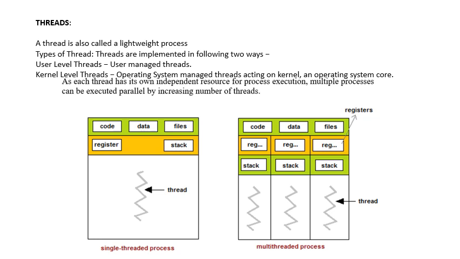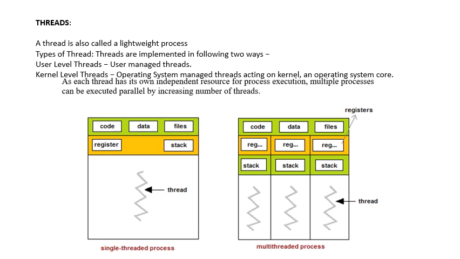User level threads are managed by the user, and kernel level threads are supported and managed directly by the operating system. So first process, then kernel level threads, and then user level threads. The hierarchy will be like this.